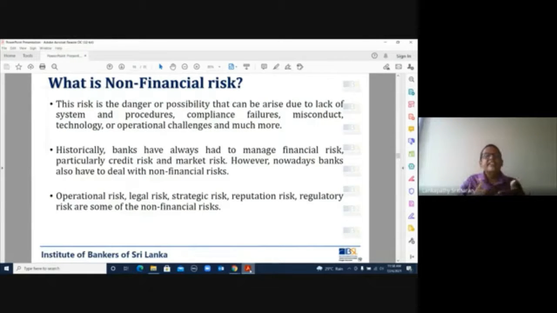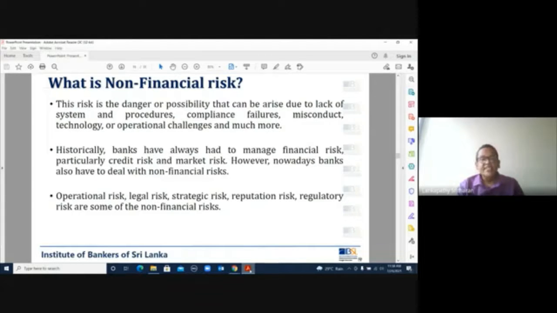Conventionally, banks and financial institutions gave more focus to credit risk, market risk and liquidity risk. But nowadays they are saying that non-financial risk is as important as financial risk, because the reputation of financial institutions and business continuity will be very important. Earlier, IT risk was very low because there was very little usage of IT.